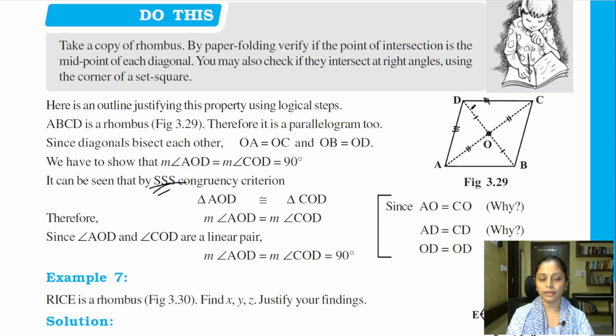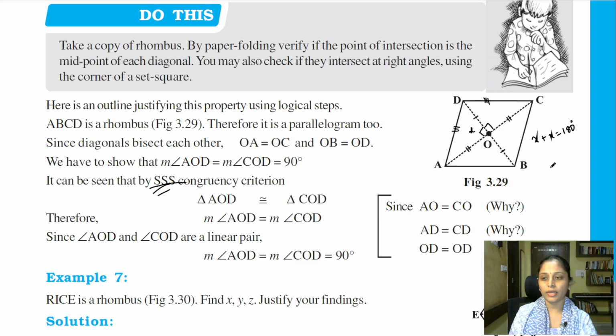If these two triangles are congruent, we can conclude that angle AOD is equal to angle COD. Now these two form a linear pair. So if I assume each one to be equal to x, I know that x plus x has to be 180 degrees because it's a linear pair. That means that each one is equal to 90 degrees.